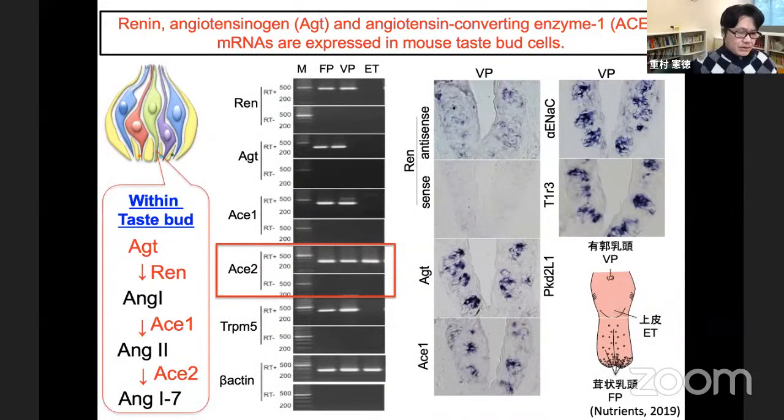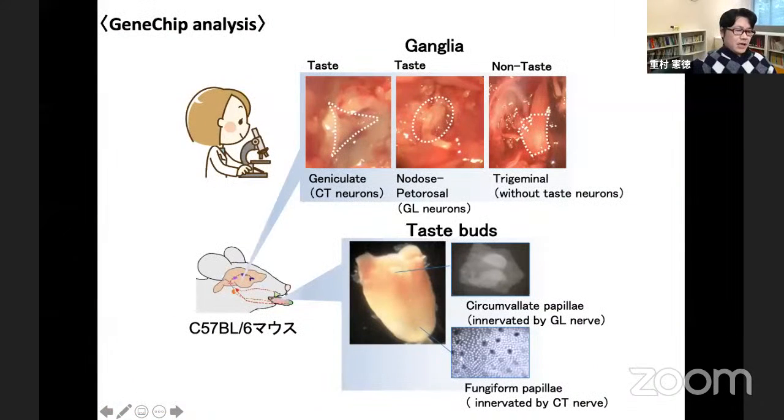Before publishing this Cell paper, we had reported the expression of ACE2 in the taste bud as mentioned in the second part here. So now this paper has attracted a lot of attention. So I further examined the expression of ACE2 and TMPRSS2 by using our gene chip data.